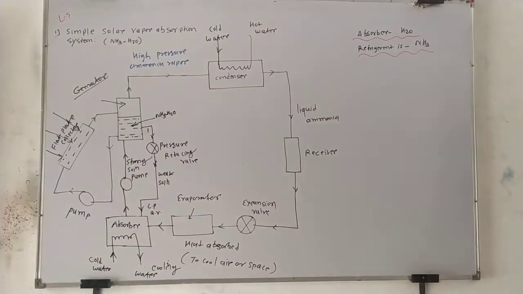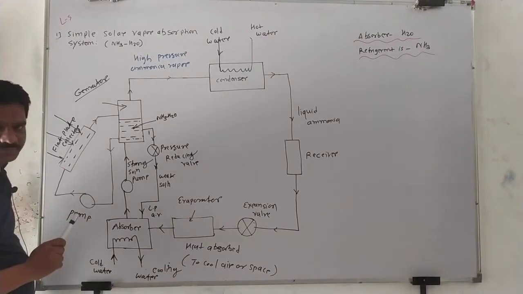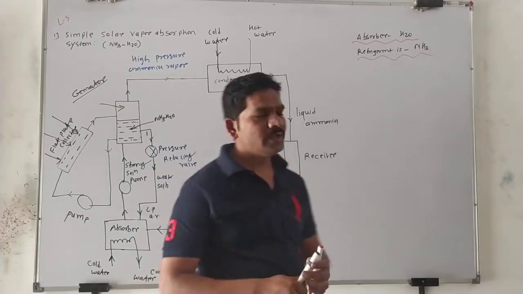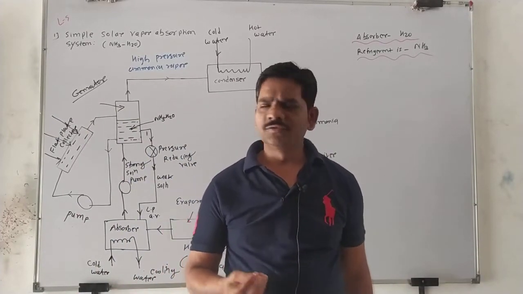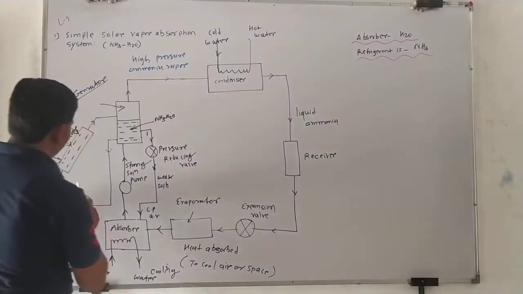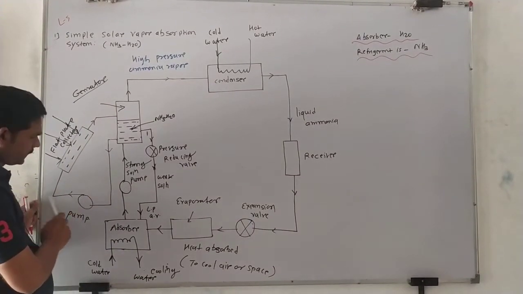So these are the flat plate collectors. We have to use flat plate collectors because we know that the boiling temperature of ammonia is very low. This flat plate collector consists of water.